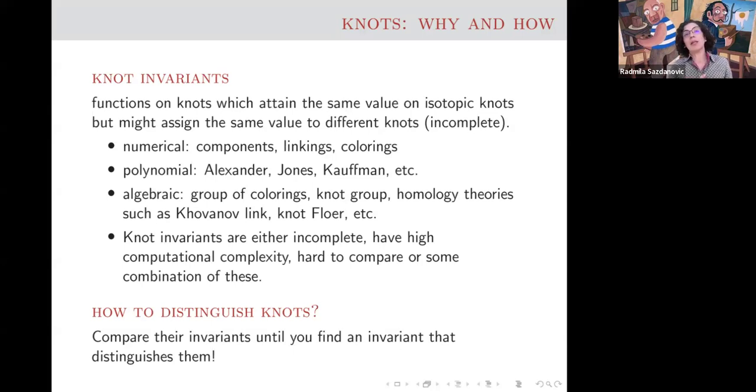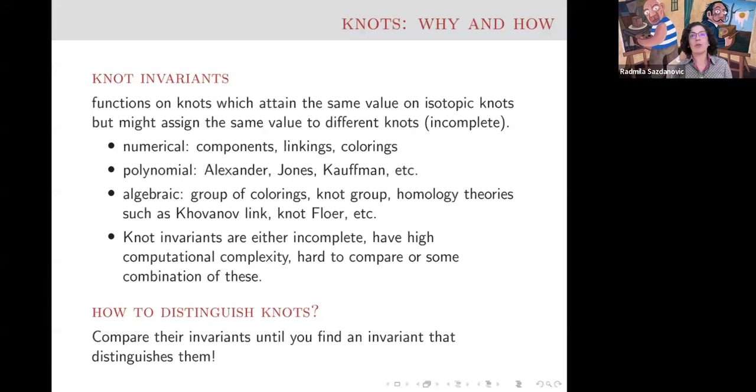And they come in many different shapes. They can be numerical, like the number of components or the number of crossings. They can be polynomial, and some of the ones we're going to talk about, without going into any details, are the Alexander, Jones, or Kauffman polynomials.